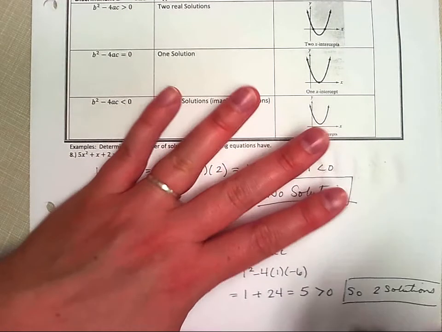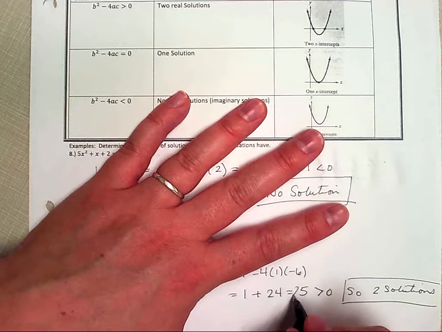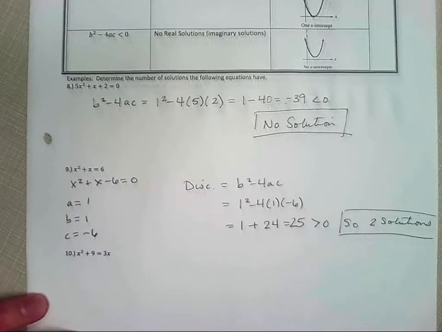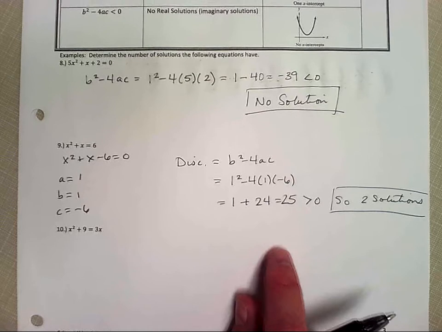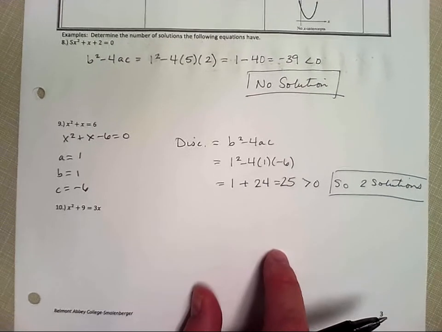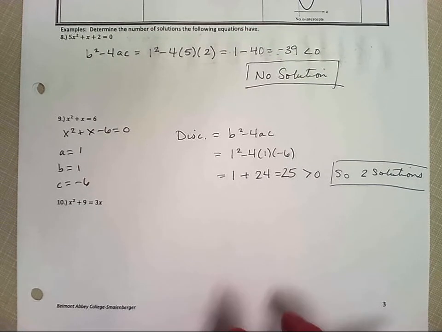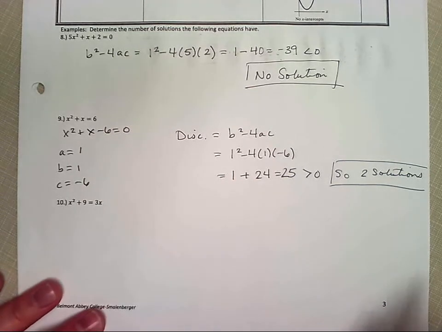Oh, I was doing the square root of it. Sorry. Sometimes I do that. So that's the one under the square root. But for the discriminant, we're not looking at the square root. We're just looking at this number.